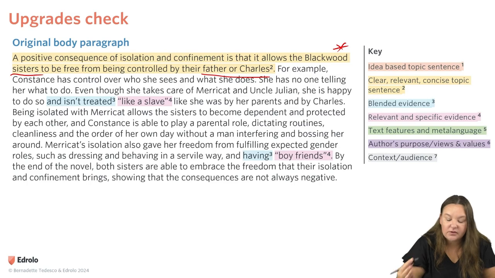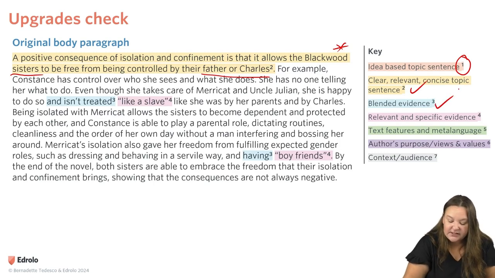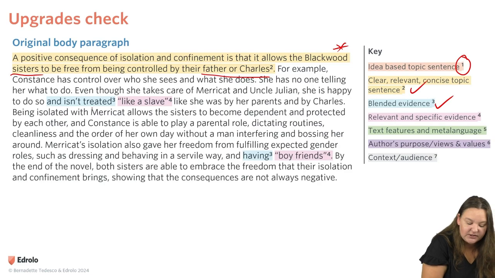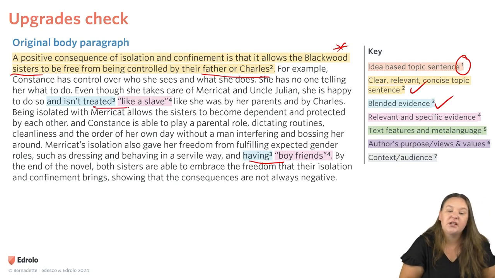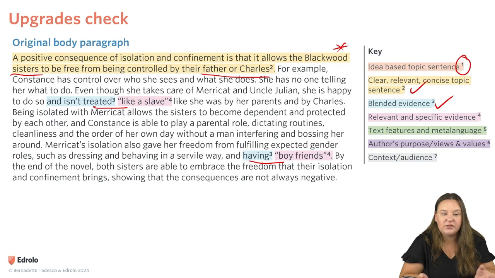And so it hasn't really met that first criteria, but it has been a clear, relevant, and concise topic sentence. We have that blended evidence in, and she isn't treated like a slave and having boyfriends, so we've blended it in smoothly. We haven't made it really jagged the way it moves between quotes. We haven't just put a quote in as its own individual sentence.